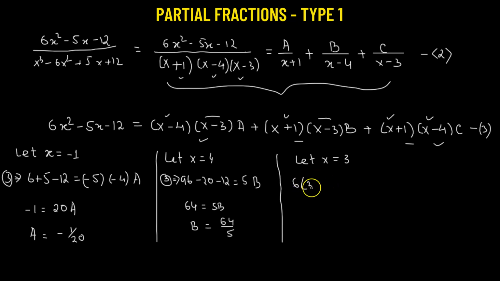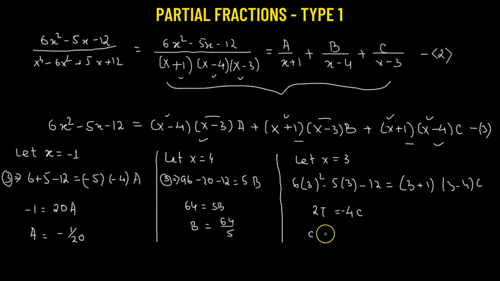We have 6 times 3 squared minus 5 times 3 minus 12 equals, then on the right hand side we have 3 plus 1 times 3 minus 4 times c. So this is going to give us 27. So 27 equals 3 plus 1, so that's 4, and 3 minus 4, so that gives us -1 times c. So the value of c is going to be 27 over 4, and it's a negative value.